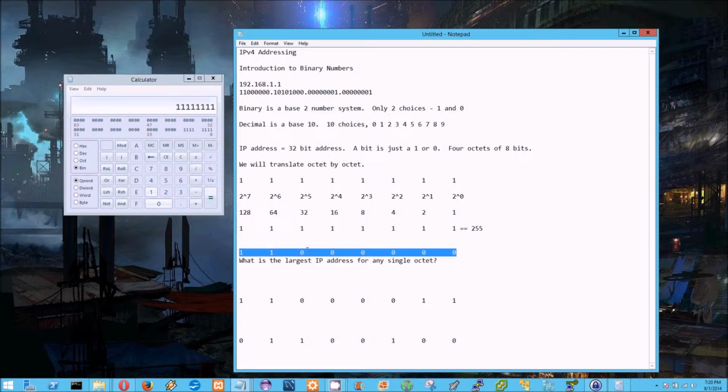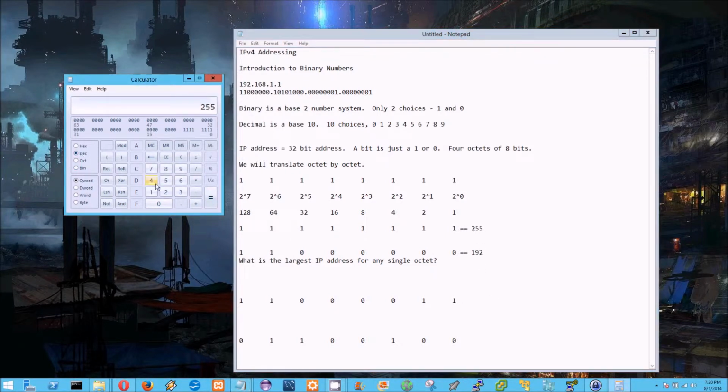Well, you don't count the ones with zeros. So yes, it's in the 32 place, but you don't count it because it's a 0. You only count the ones where you have the 1 bit set. So what would this be? It would be 192.